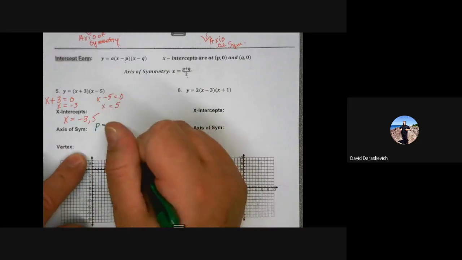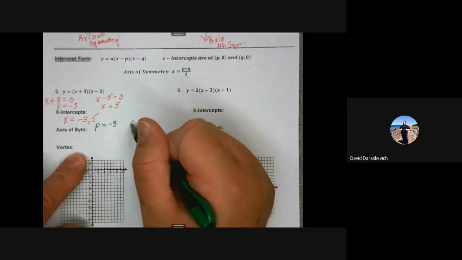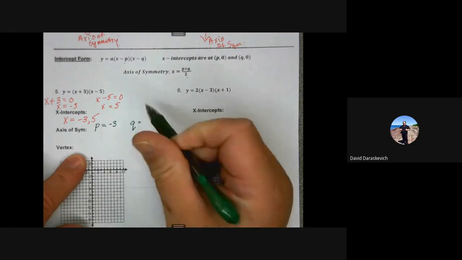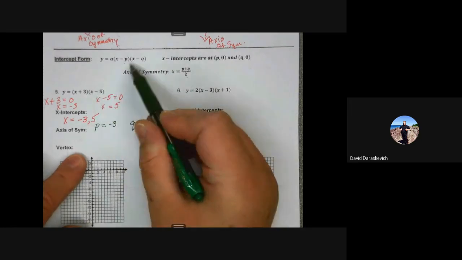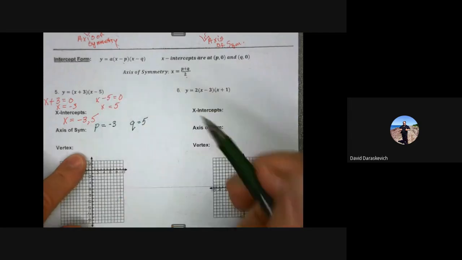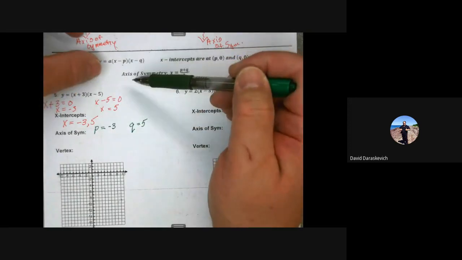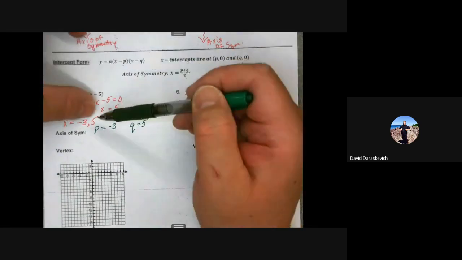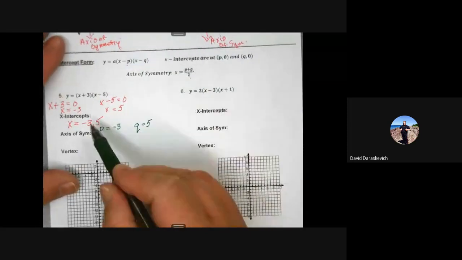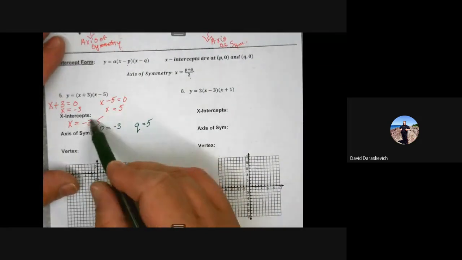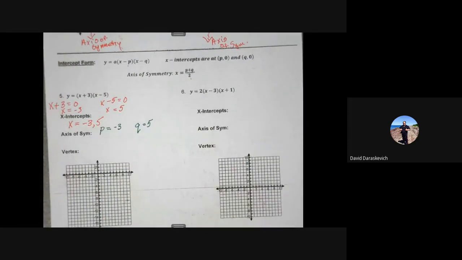So it's -3, and my q is the same sign because it's already a minus. It's 5. You guys understand that? In our general equation, this has to be a minus, so it has to be -3. And our q is +5. And we already figured that out up there.